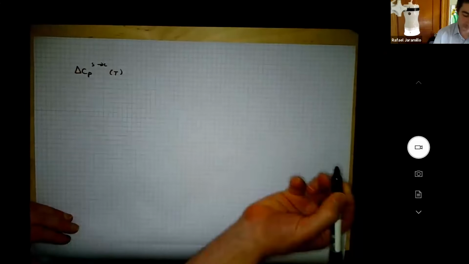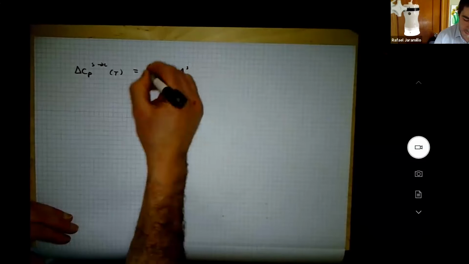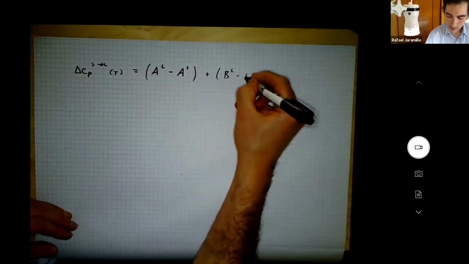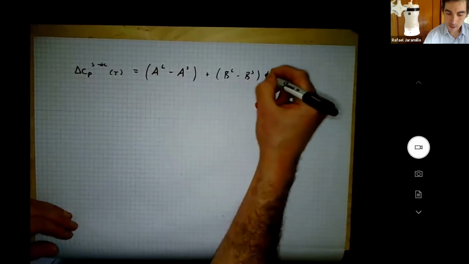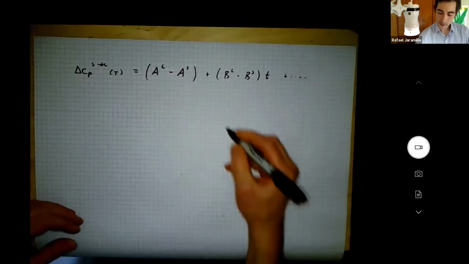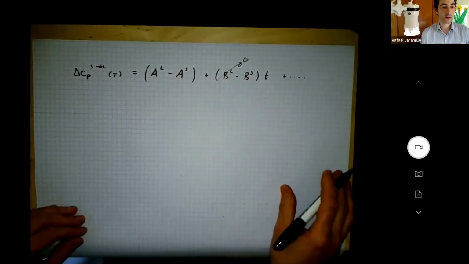Delta Cp for solid to liquid as a function of temperature is A liquid minus A solid plus B liquid minus B solid times T, plus terms we're ignoring. We're setting the liquid linear coefficient to 0.